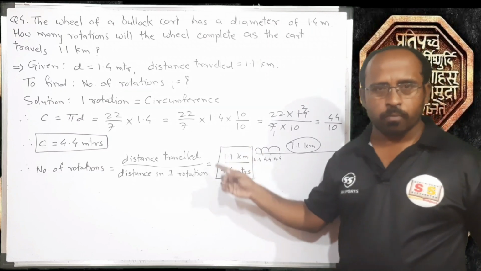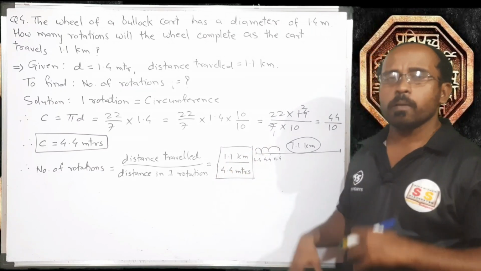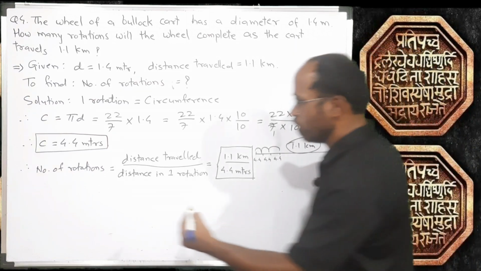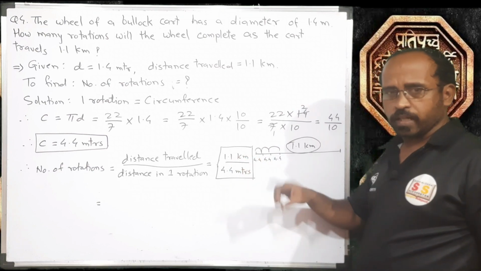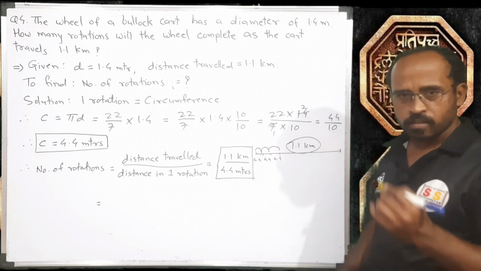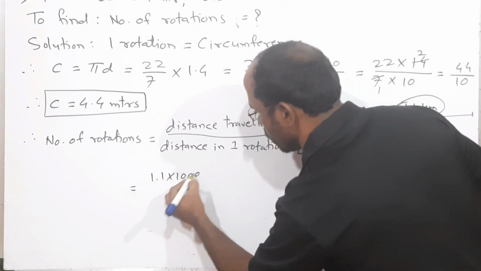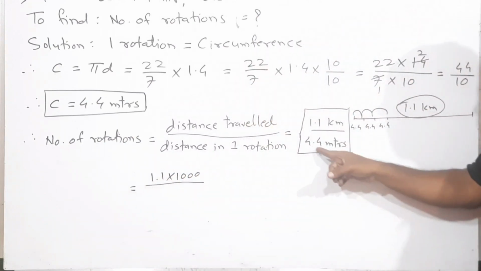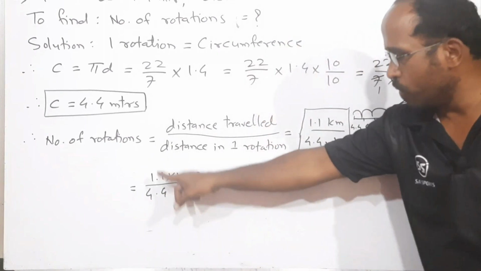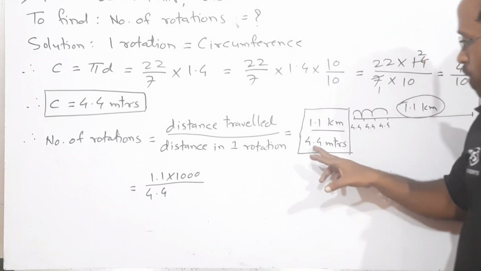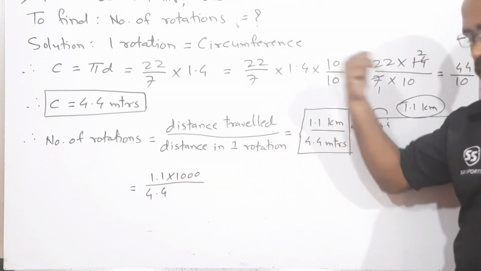We have to convert both either in meters or in kilometer, and converting into meter is easier. So 1.1, if we have to convert it into meters, we have to multiply it by 1000. So that is 1.1 multiplied by 1000 upon 4.4, right? Now both are in meters. 4.4 is in meters, and 1.1 multiplied by 1000, we converted kilometer into meter.